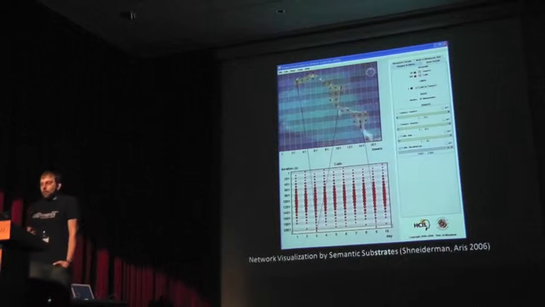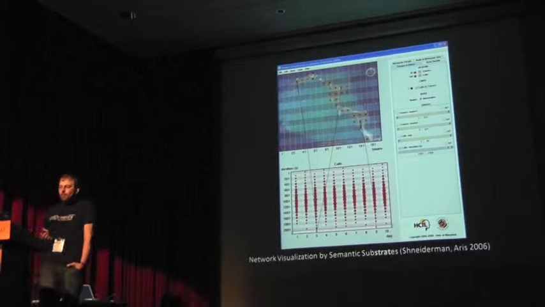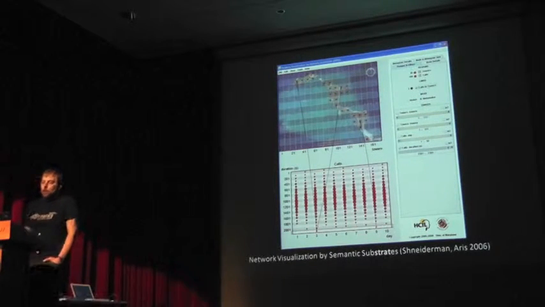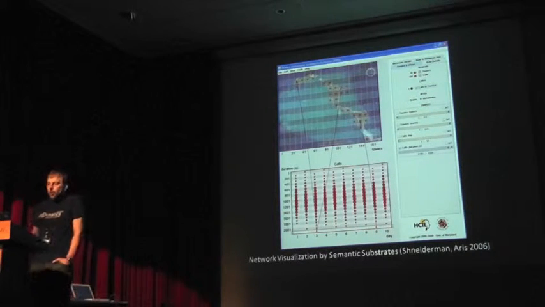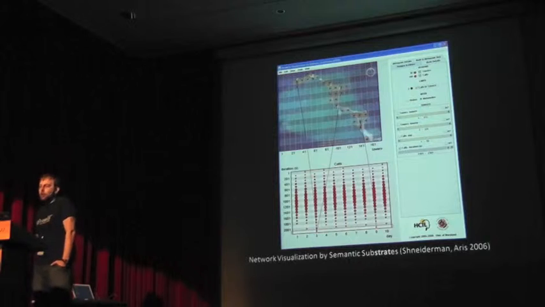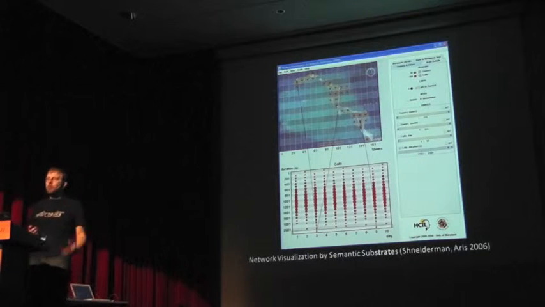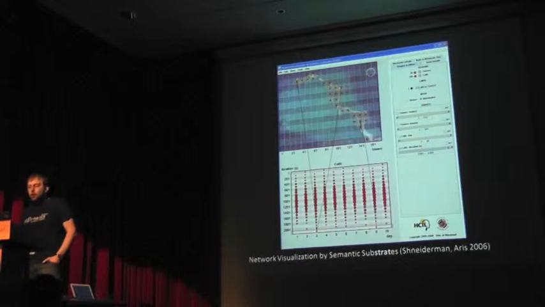We borrowed some ideas, many actually, but this one is important. This is an example of semantic substrates proposed by Shneiderman and Aris, which the goal is to support interactive graph exploration of complex graphs. And the basic idea is that you have separate views which show different aspects of the same elements, and then you show connections between them as links across the views.